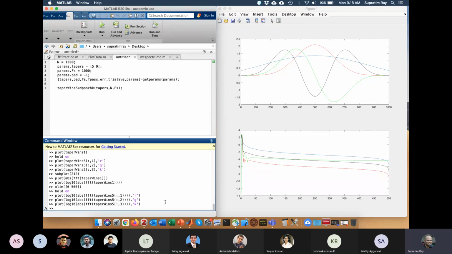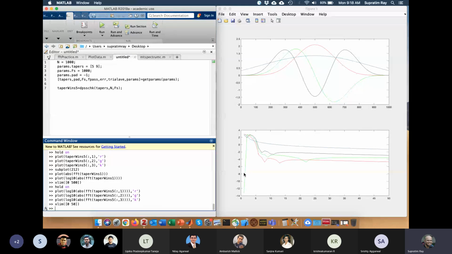And although it's harder to see here, if I extend from 0 to 50, let's say, you can see that the red, green, black, these have a much larger width than this one. This one tends to fall back, this blue one, pretty fast.